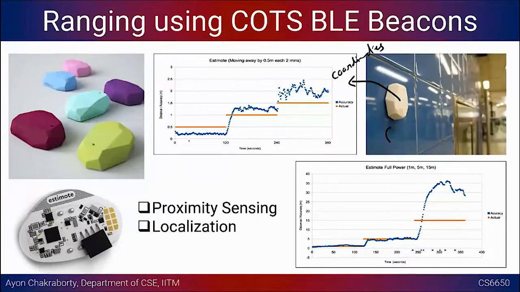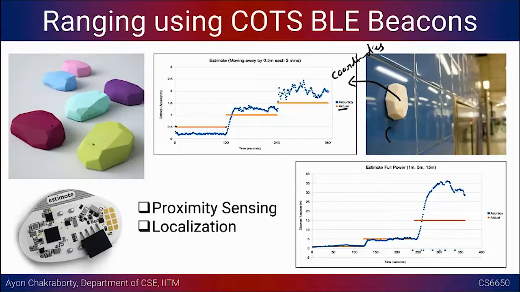As you see, when the ST is moving away, this is how the distance is tracked. It is an output given by the ST itself. Initially, this is the ground truth, the actual distance.